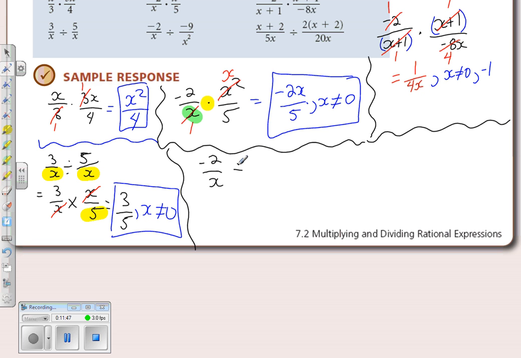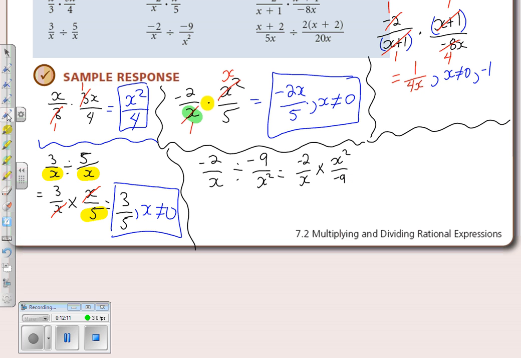Negative 2 over x divided by negative 9 over x squared. Pause it now, try it, and then replay. Okay. Negative 2 over x multiplied by the reciprocal, x squared over negative 9.